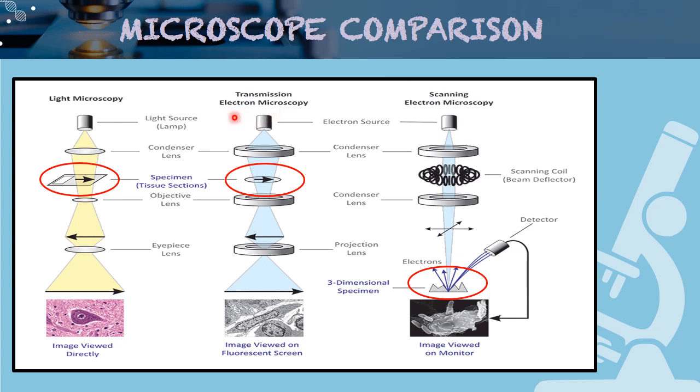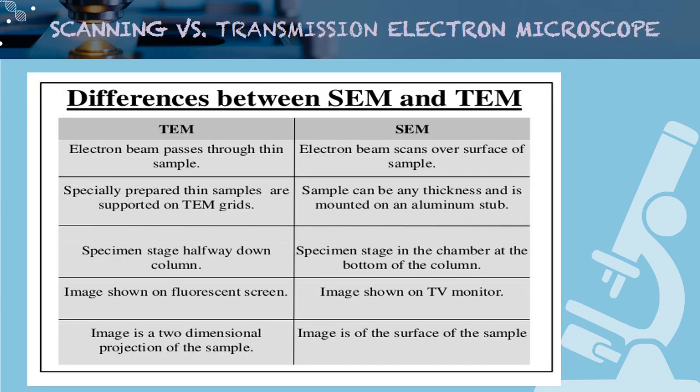The electron in the TEM is passed directly towards the specimen, and for the SEM, first it will be scattered by this scanning coil, then it will be collected in the 3D specimen.